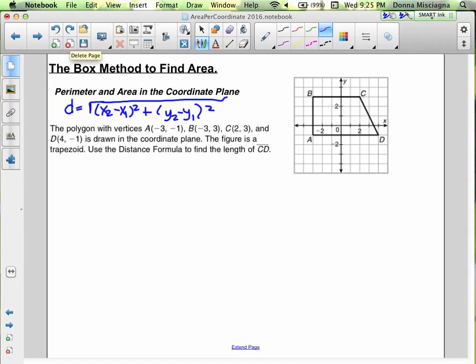All right, so the polygon with vertices A at -3, -1, B at -3, 3, C at 2, 3, and D at 4, -1 is drawn in the coordinate plane. The figure is a trapezoid. We're going to use the distance formula to find the length of CD. First, we're just finding the perimeter.